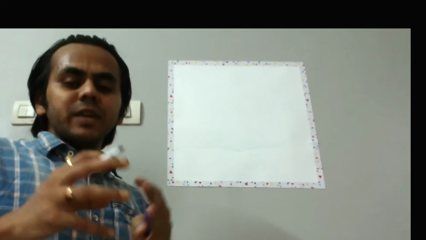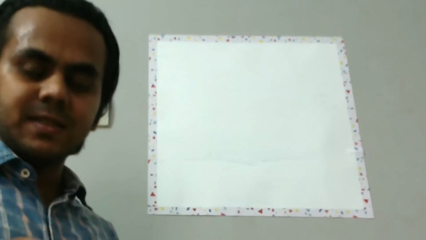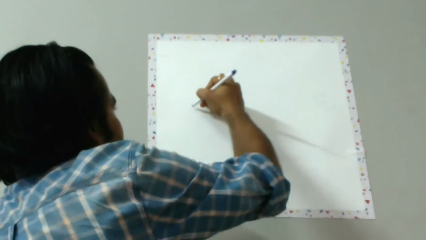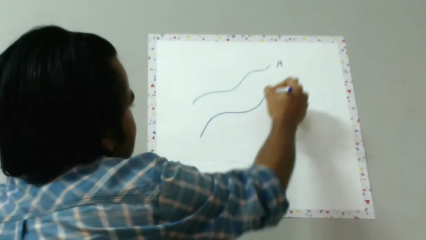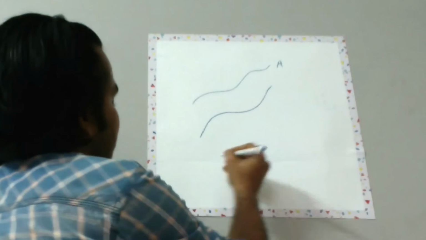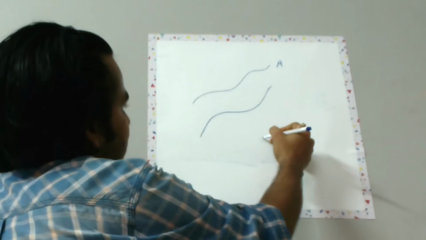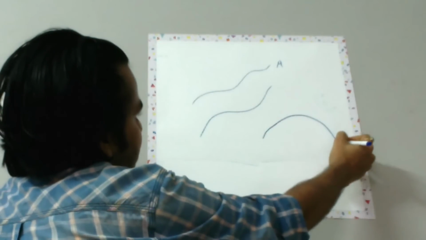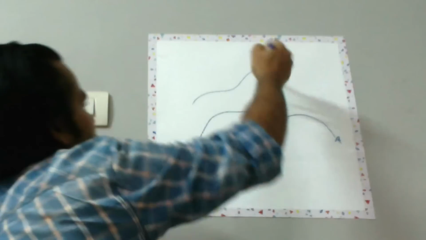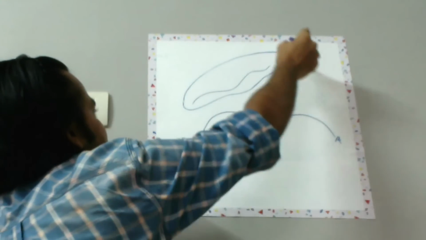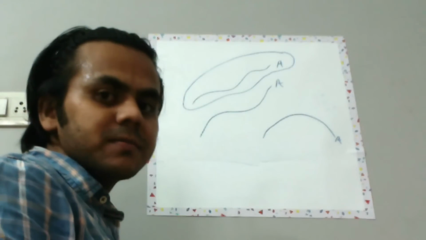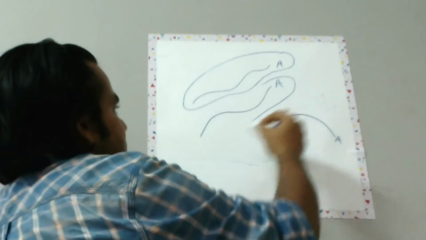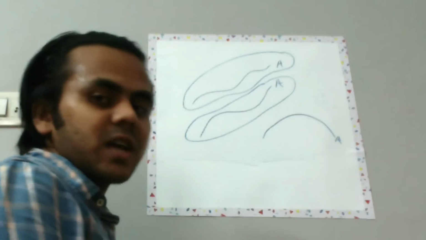The shape of A can be of various kinds. A can increase like this, A can increase like this, or A can be like this. So if A is like this, total active cases is continuously growing. If A is like this, total active cases is again growing.